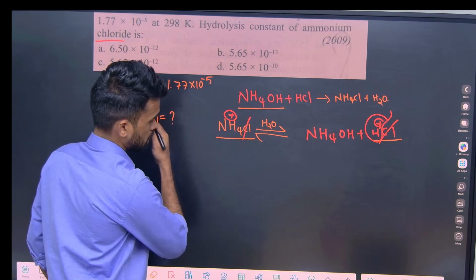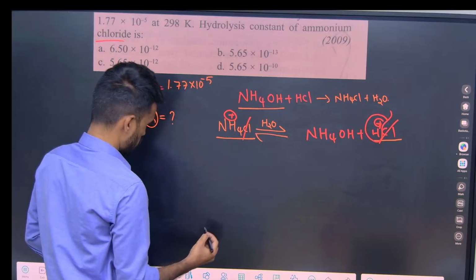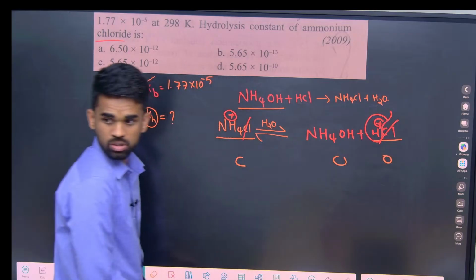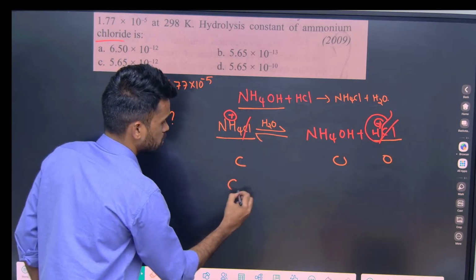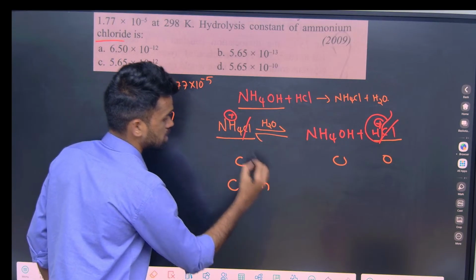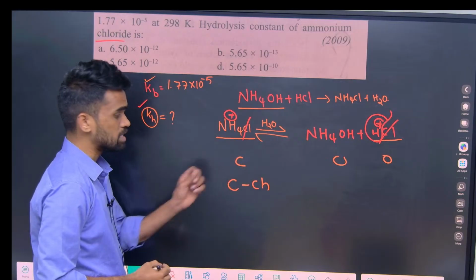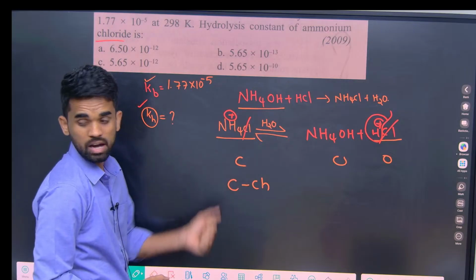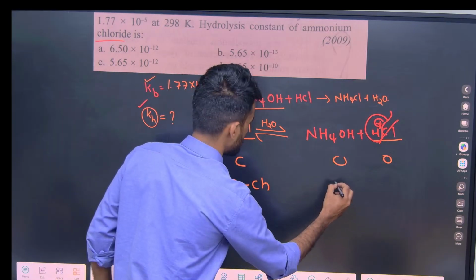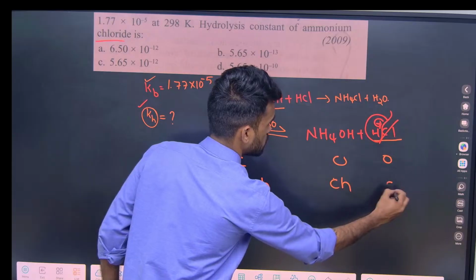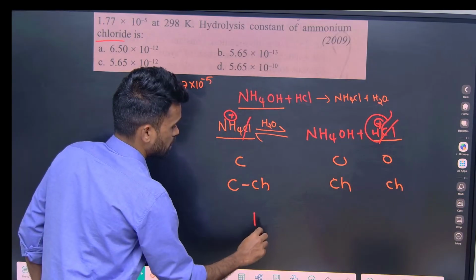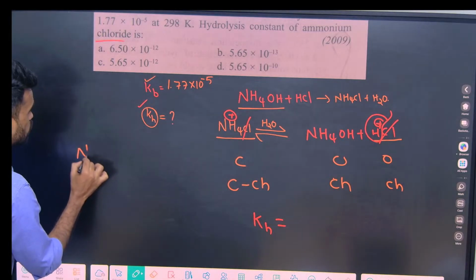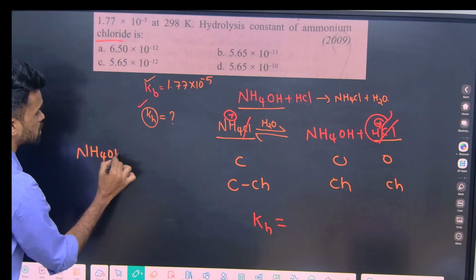Okay, see, this is an equilibrium now. So let us say this is C, this is 0, 0. On hydrolysis, now C minus Ch. Here h means the degree of hydrolysis, not the constant. Here I can write Ch, Ch. For example, I have NH4OH there now. How will NH4OH dissociate?